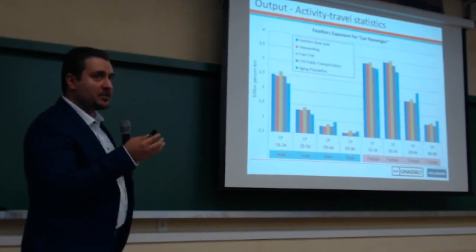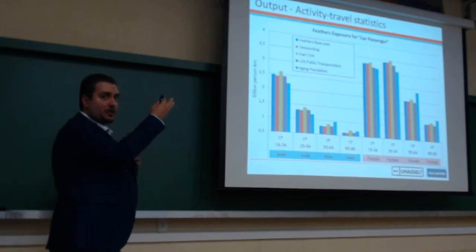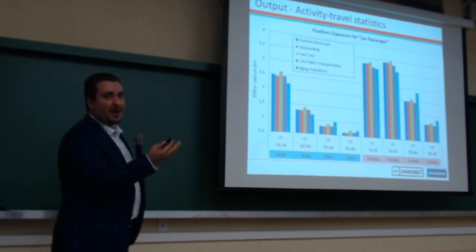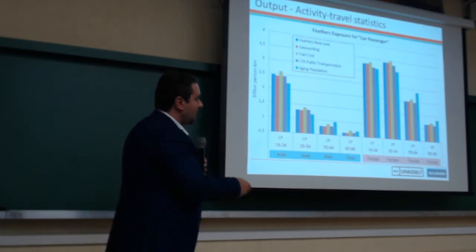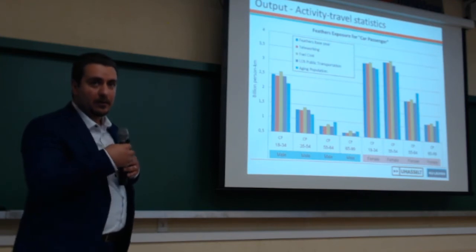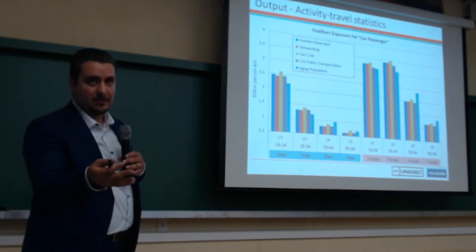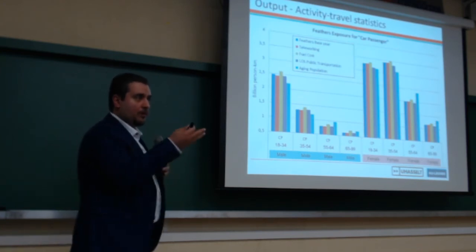However, the situation is different when it comes to car passenger, because we also have this extra mode of being a car passenger. As you can see here, unlike the previous slide, females appear to be more like passengers. So they want to accompany other drivers, either female or male.